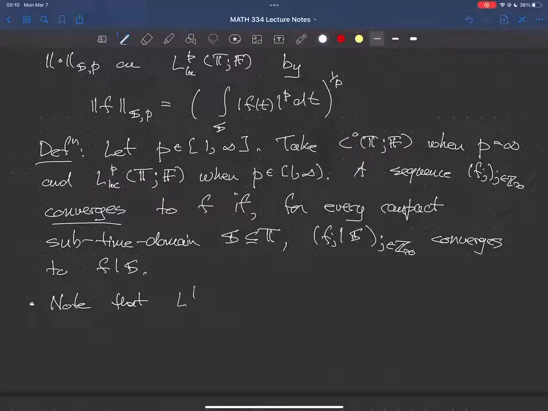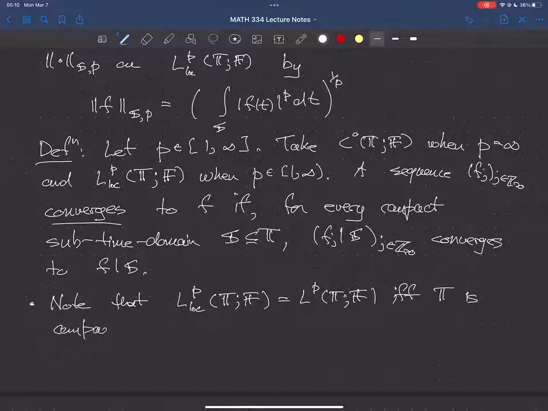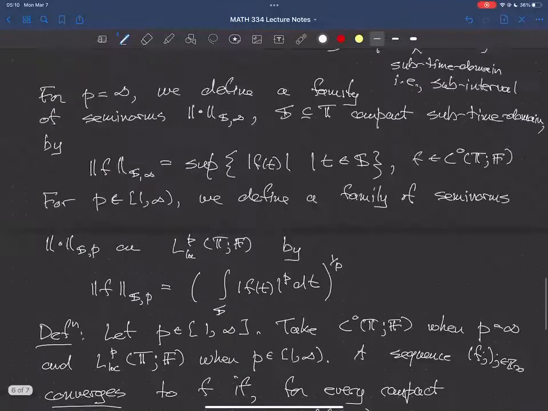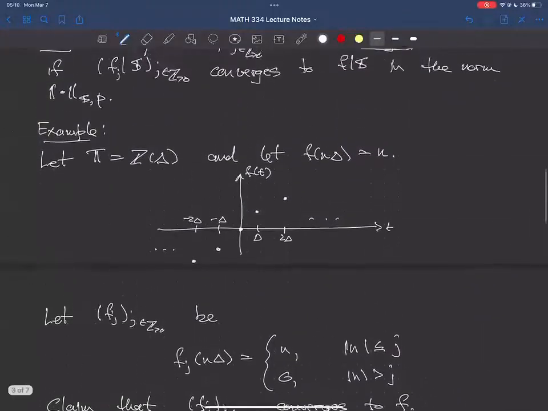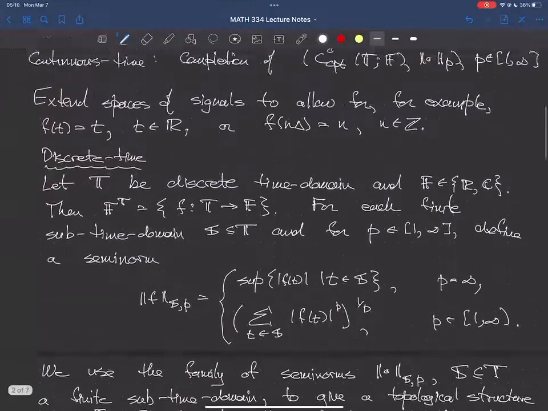Note that L^p_loc(T; F) is equal to L^p(T; F) if and only if T is compact. So when T is unbounded, you kind of have no problem with that statement.